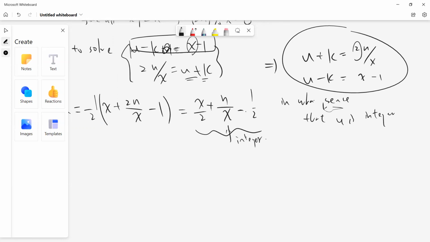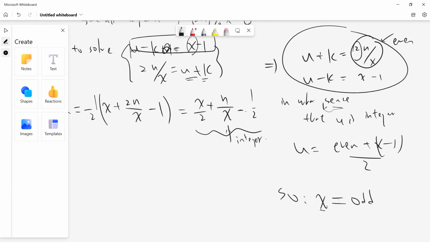This means that this must be even. So u is some even number plus x minus 1 divided by 2, right? Which tells me that x must be odd. When x is odd, you can easily see that you can always find a u and k.